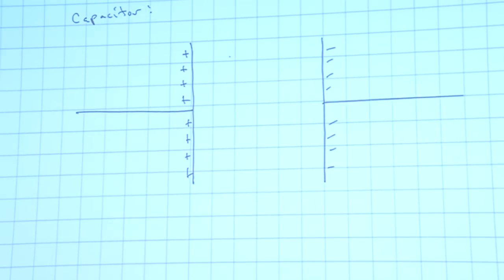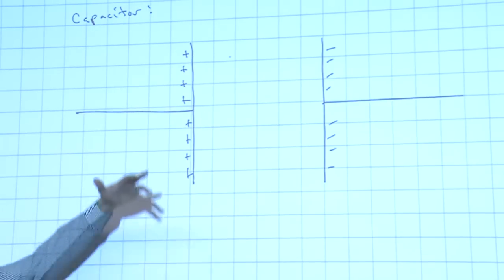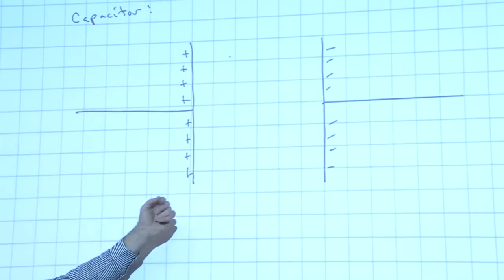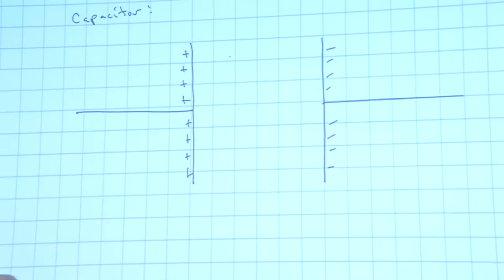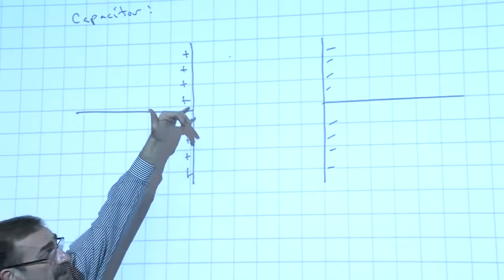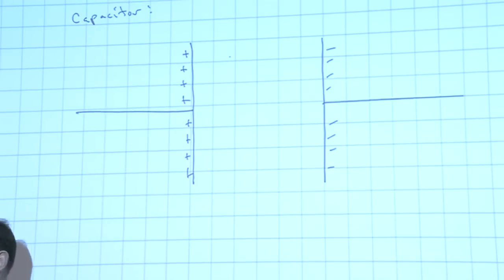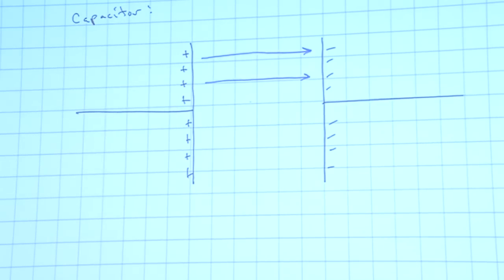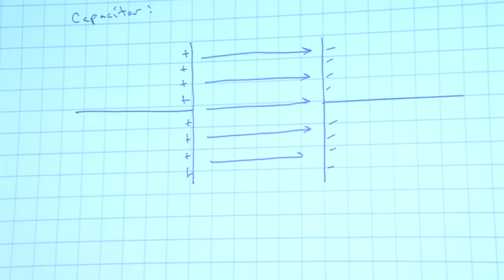If the capacitor is big enough, if those plates are really big compared to the spacing, I know I didn't draw it that way, it's as if they're infinite sheets, right? And if they're infinite sheets, if they're really big compared to the spacing between them, our electric field is nice and constant in here. That's our electric field.